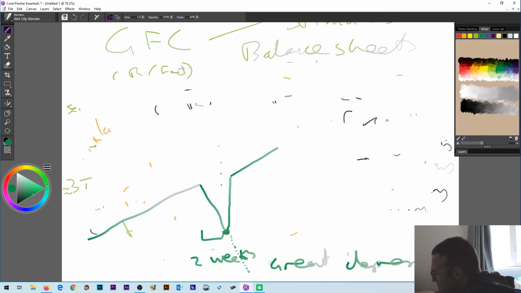And it might take a lot longer. This could be decades before we get up to this trend line. So what you can imagine is we have the actual growth and we have a trend line here. And the idea is that we want to return to here.